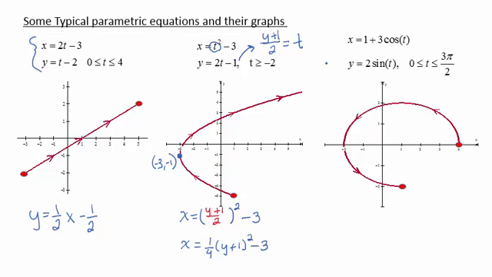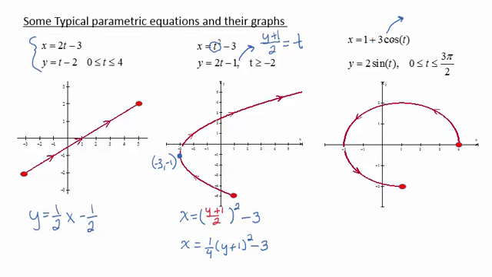Let's look at this last example now. That looks like it's defining a portion of an ellipse. Not the entire ellipse, but just the portion that would be described on the interval from 0 to 3 pi over 2. Of course, to find the more familiar form for the equation of this ellipse, we could solve these two equations for the cosine and the sine portion.